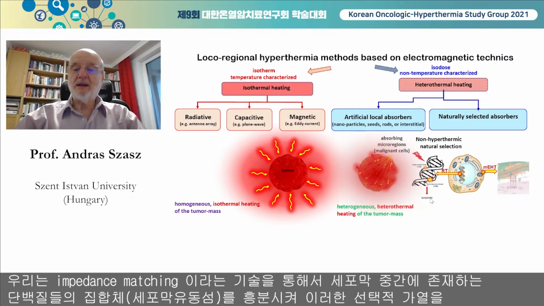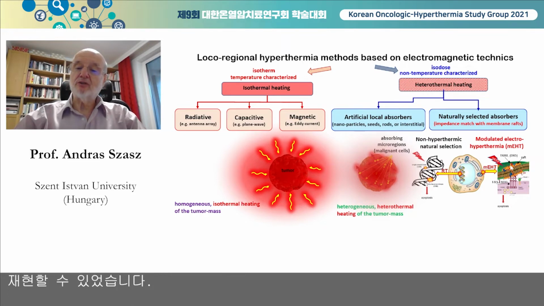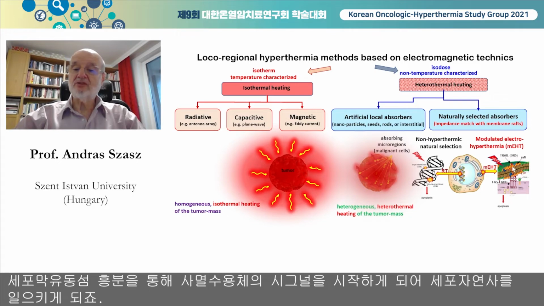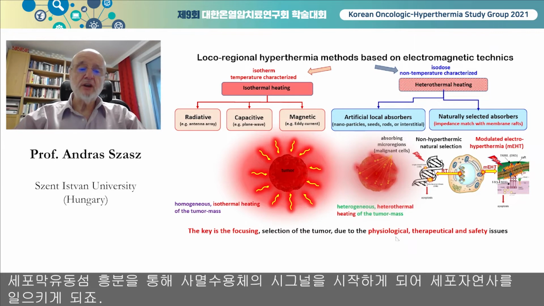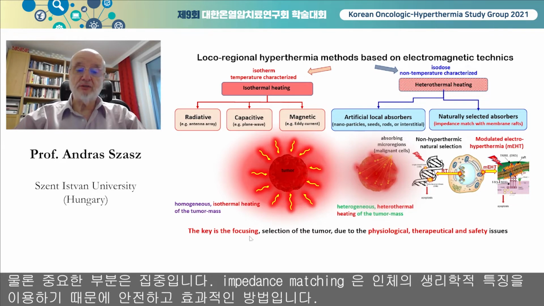We learn from this method in such a way that we choose impedance matching of the transmembrane proteins and excite the clusters of transmembrane proteins, which we call membrane rafts, for apoptosis also in the same way. It's a death receptor which we would like to excite. Of course, the key points are the focusing, which takes care of the physiological, therapeutical, and safety issues.